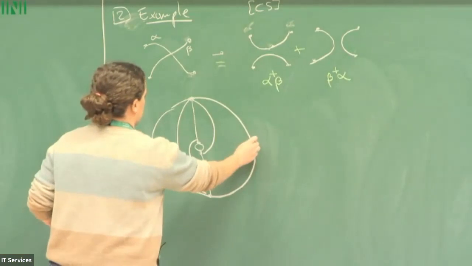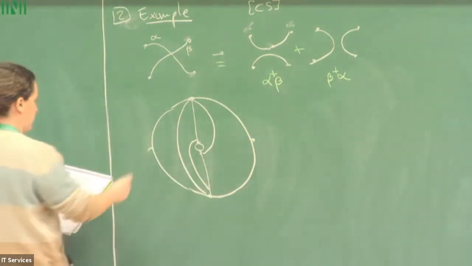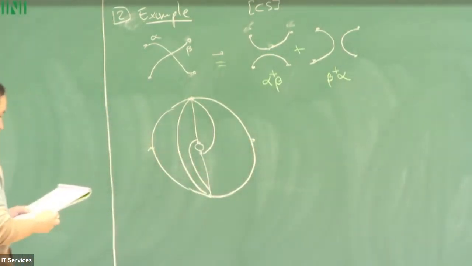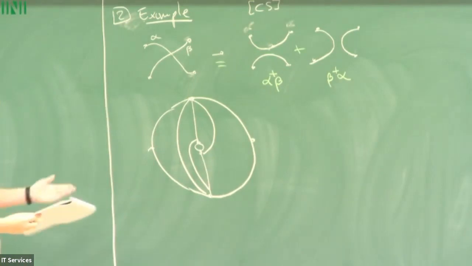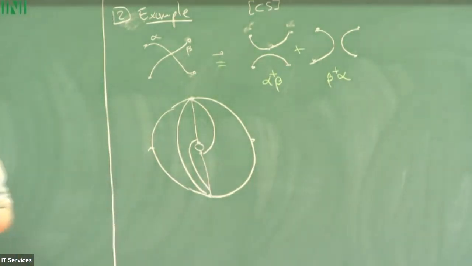I have a triangulated surface here, and I could think of the Jacobian algebra corresponding to this.